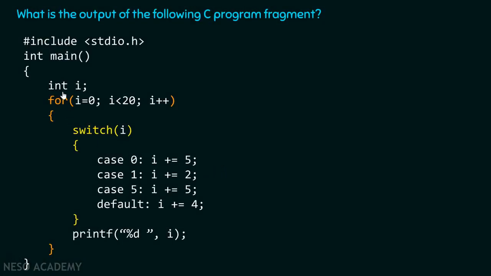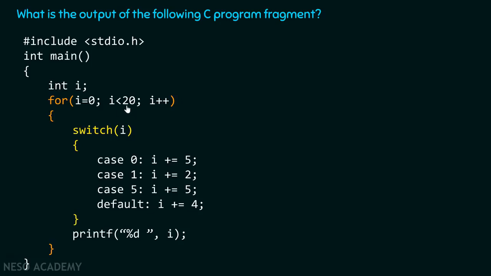As you can see, I have declared one variable I, and after that we have one for loop, and inside this for loop we have one initialization step, one condition checking step, and then an increment or decrement step. We initialize the value of I with 0, and after that we simply check the condition, is I less than 20 or not.